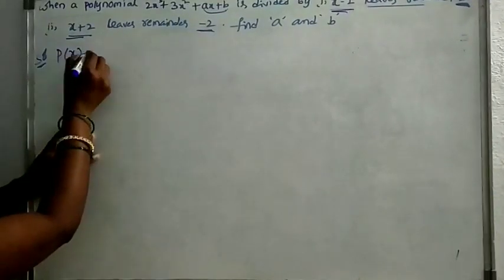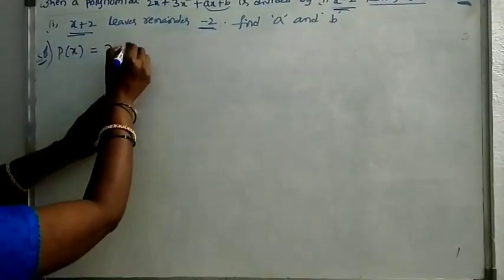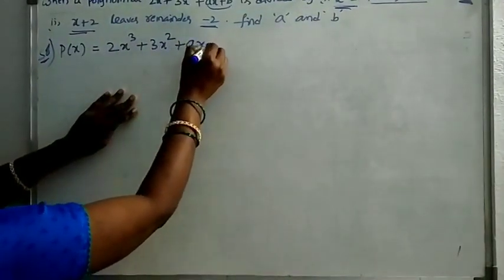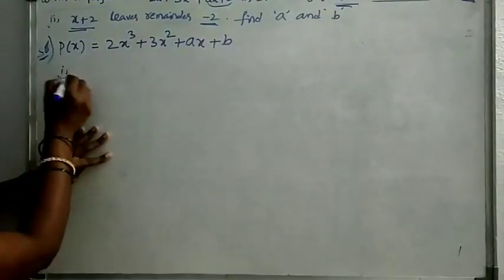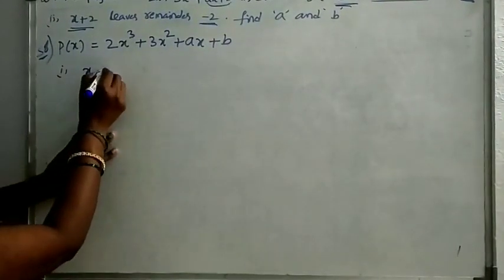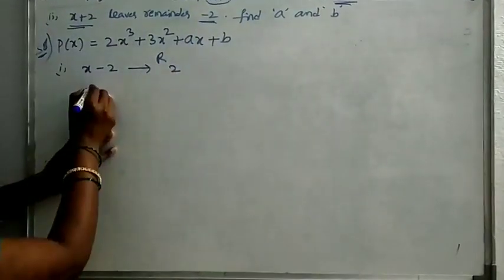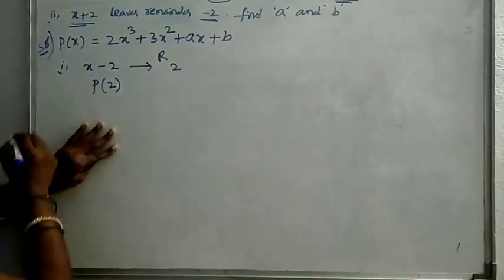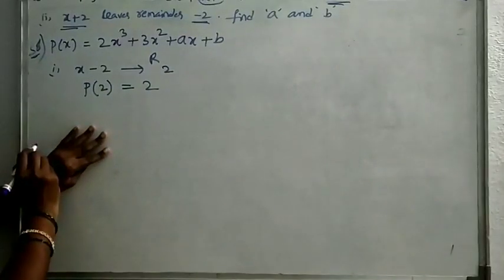So first, what is the given polynomial? P of x is equal to 2x cube plus 3x square plus ax plus b. So first condition, when it is divided with x minus 2, the remainder is 2. That means divided with x minus 2 means remainder is P of 2. P of 2 is equal to 2.